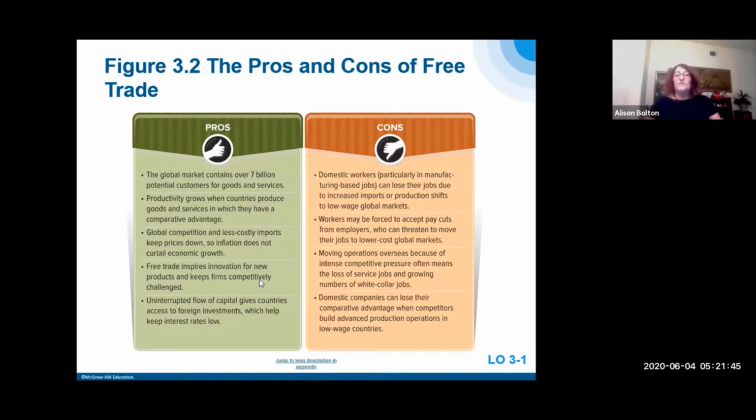Then we have free trade, where innovation helps us build bridges and more opportunity for working with other countries. Even though there are always competitive challenges, it still is a door opener to do work.